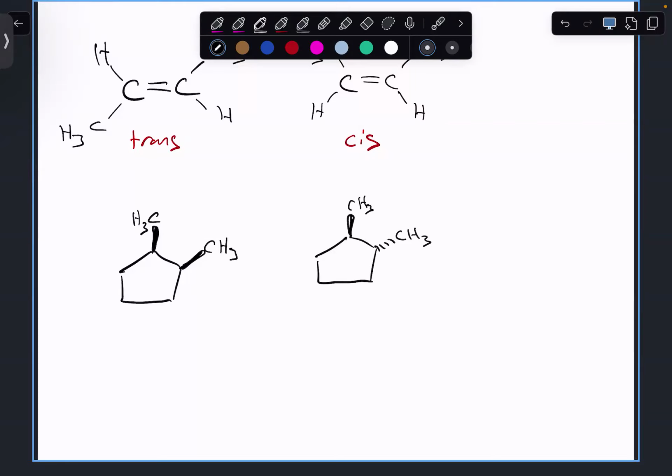So here, both of the methyl groups are coming towards you. Here, one of the methyl groups is coming towards you, the other is going away. If they're going in the same direction, this would be a cis ring. If they're going in opposite directions, that would be a trans.